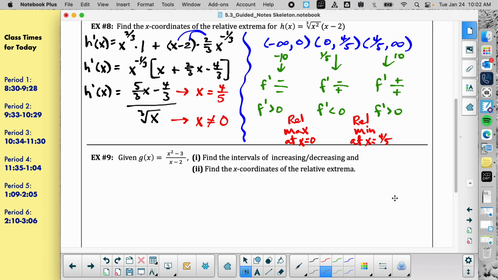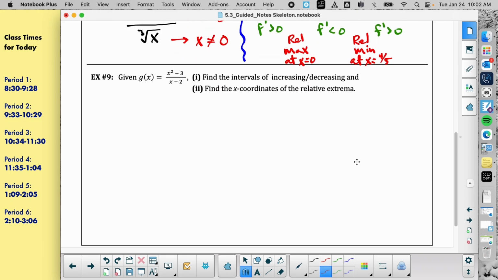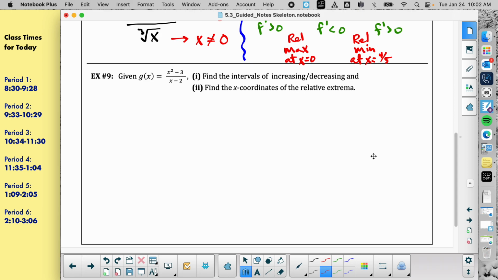So vertical asymptotes cannot be maxes or mins, even though when we do the work on the table, it's going to look like they are. The hardest part for you is going to be remembering that it's a vertical asymptote, so it can't have answers there. It's a critical number because something happens there, but you won't get any types of answers. So we've got our original function. We're going to have to do the derivative, which unfortunately means quotient rule.